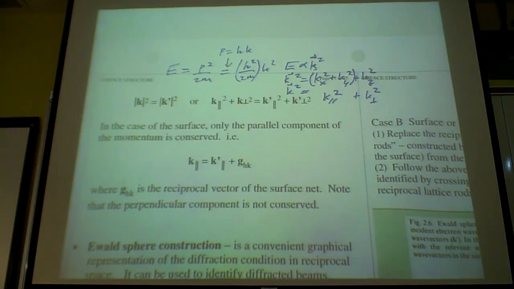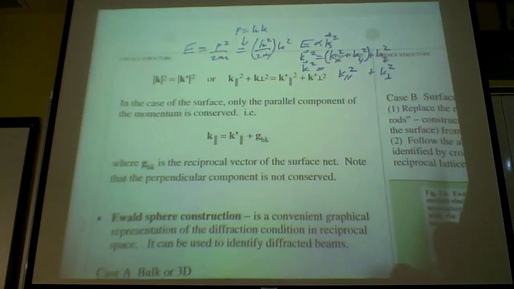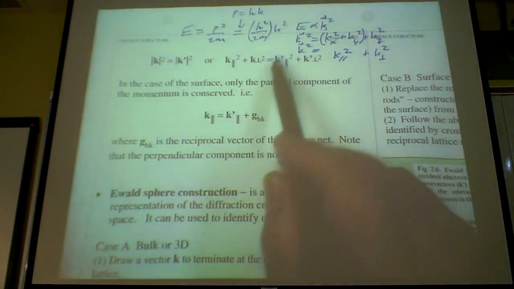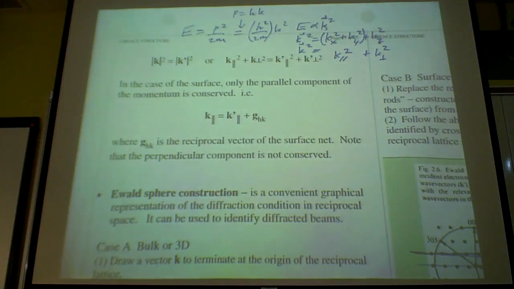And so in the case of surfaces, you're only concerned about conserving the parallel component, because the perpendicular component you don't see, because that gives you the change in the kinetic energy.